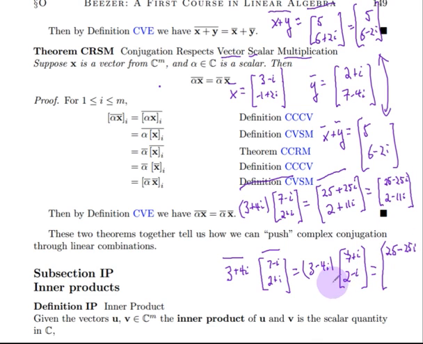For the second part, I'm going to get 3 times 2, or 6, then minus 4 times minus 1 is 4... that's going to give me a 2. Then for the imaginary part, I have minus 4 times 2, which is minus 8, and 3 times minus 1, which gives minus 11i. Okay? And notice that these two are equal. So that's all that these things are expressing. They're just expressing some arithmetic relationships.